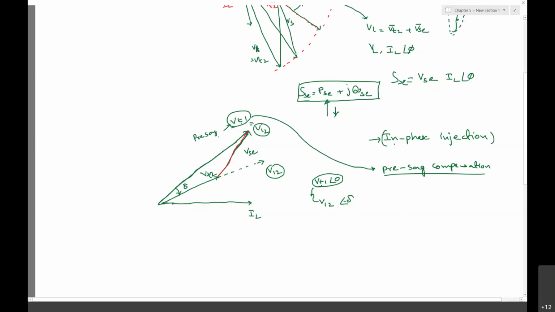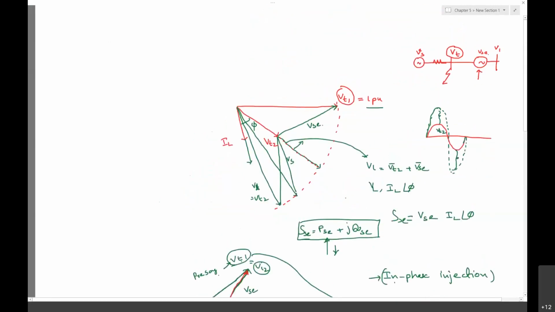Then the load experiences, for a time instant of maybe one cycle, a shift and a magnitude reduction also. The load is experiencing the voltage sag as well as the phase shift, but that experience will be there for hardly half a cycle maybe.